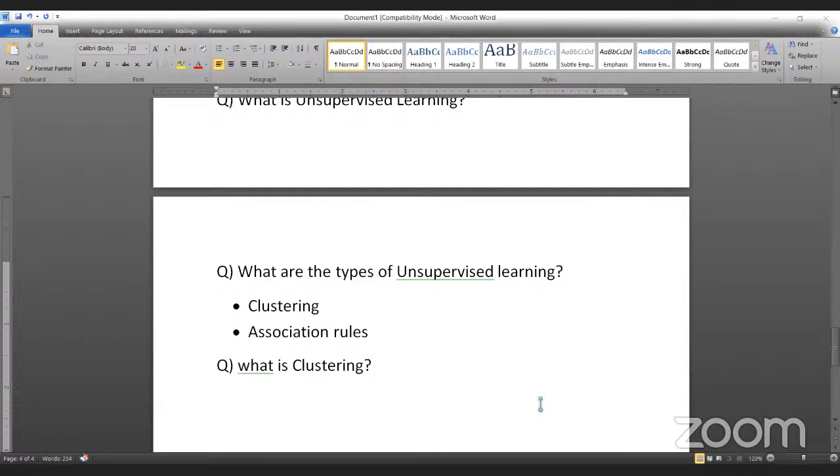Okay, so as we know, unsupervised learning is a technique in which we don't need to supervise the model. It works on its own to discover patterns and information that is present in the data.